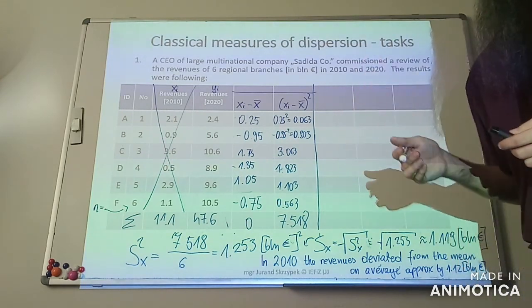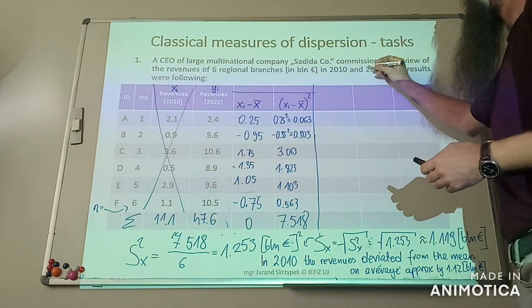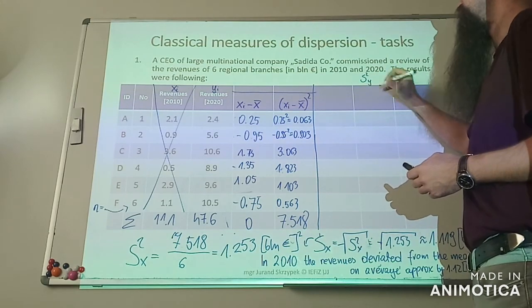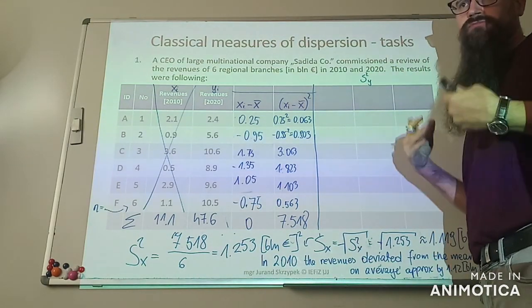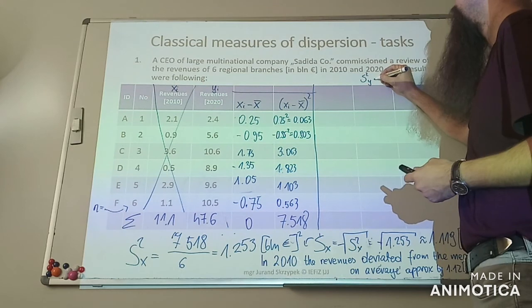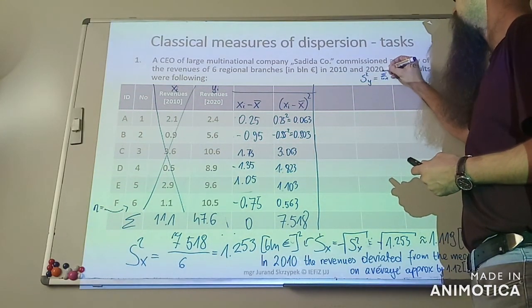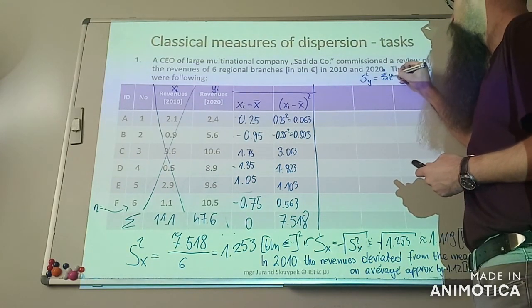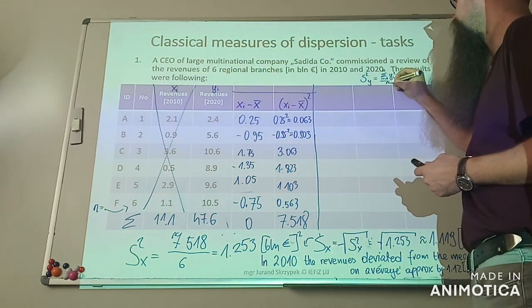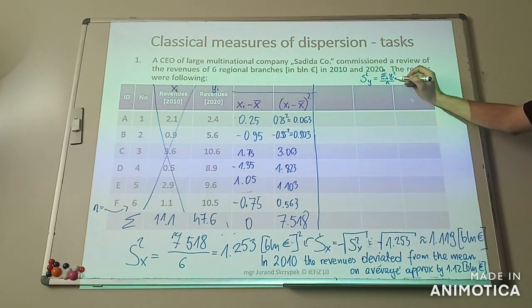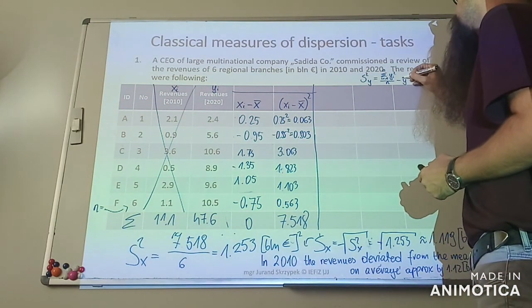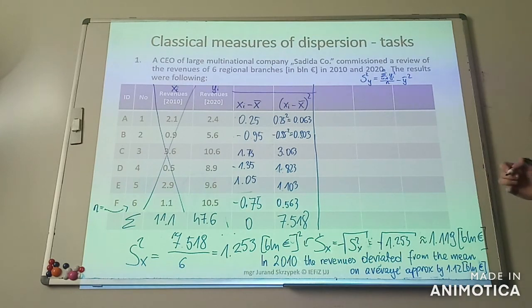As I said before, I will compute the variance using the transform formula, which is the sum from i equal 1 up to n of yi squared values divided by n, so the average square of the variable y values, minus mean value squared.